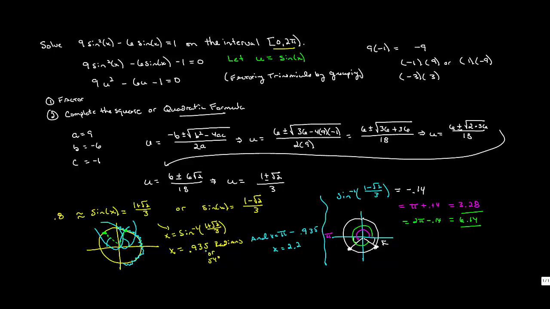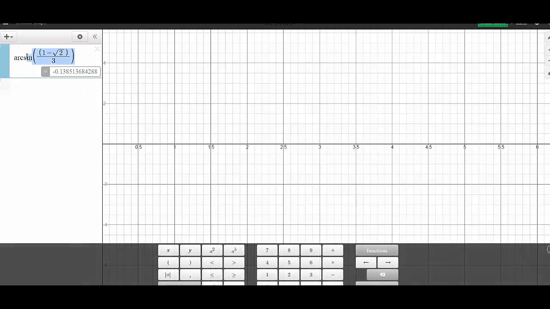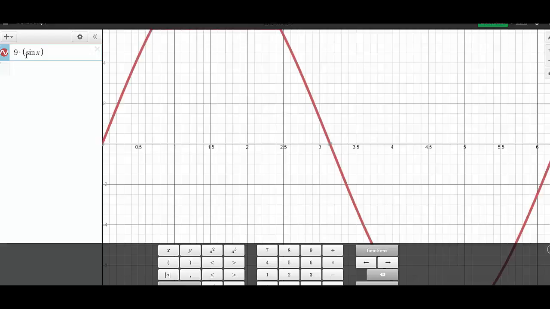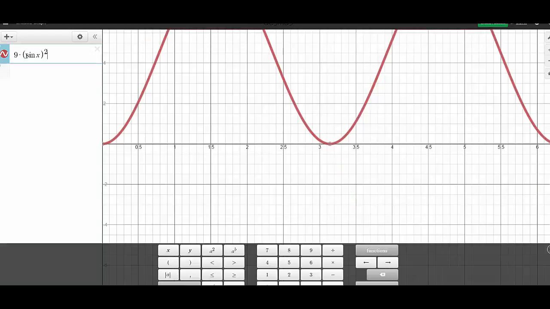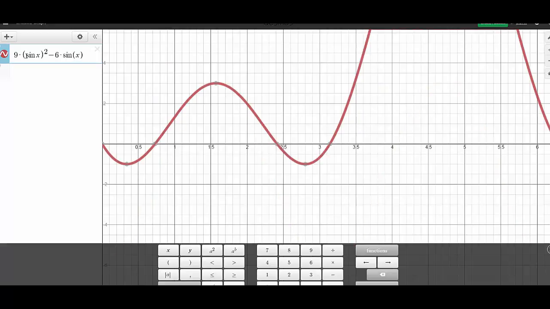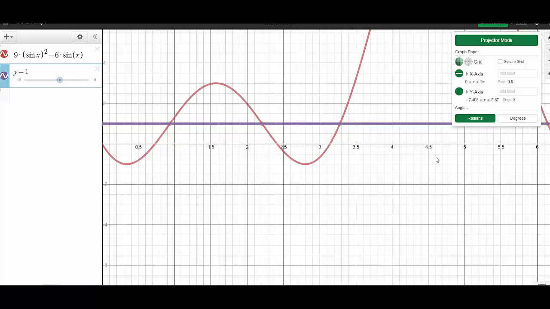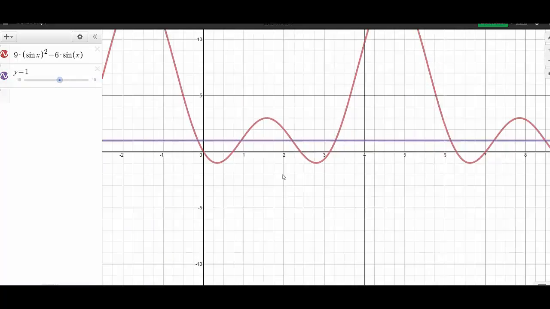So here's 1, 2, 3, 4 answers. Now let's check them. We've got 9 times sine x squared minus 6 times sine x, and we want to know when that is equal to a height value of 1 on the interval 0 to 2 pi.